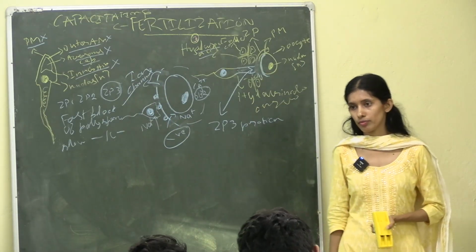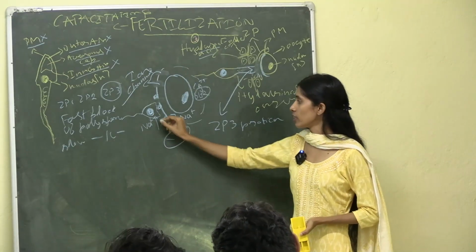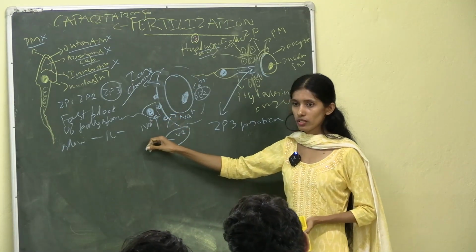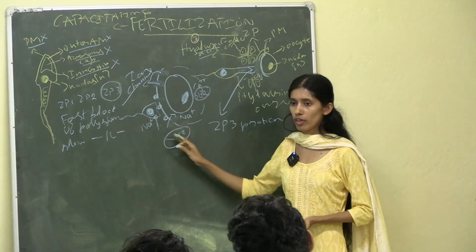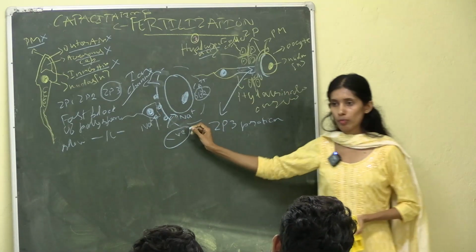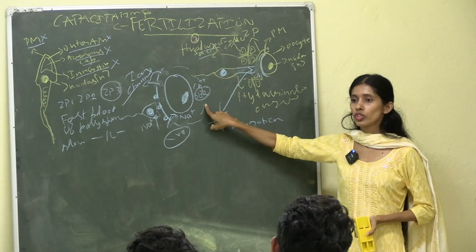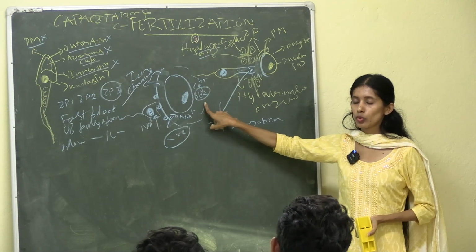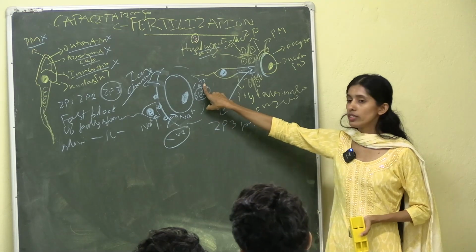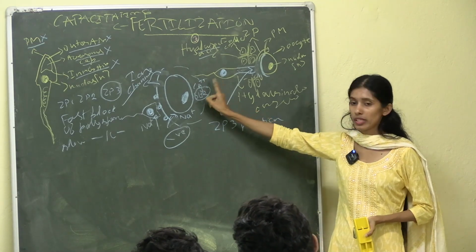Understood? No? Okay, I'll explain once again. Remember the Na plus ions. Once the formation of the ion channel takes place, the Na plus ions will enter into the female gamete, okay. Your female gamete also includes smooth endoplasmic reticulum. This smooth endoplasmic reticulum will produce the Ca plus ions.